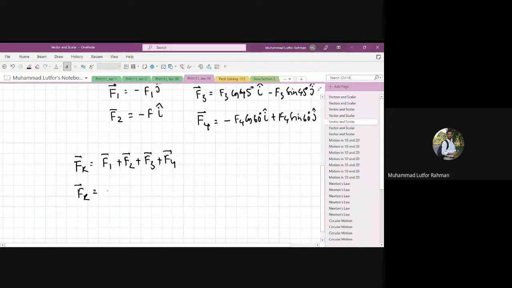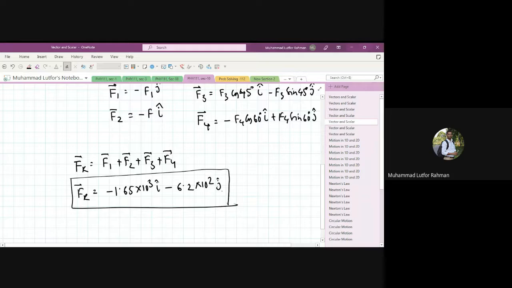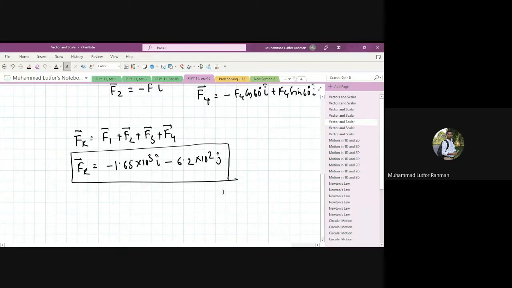If you do that, you will find this answer will be 1.65 into 10 to the 3 i hat minus 6.2 into 10 to the 2 z hat. So this will actually be that resultant vector. And you look at this, both components are actually negative. Your x component is negative and y component is also negative, then definitely the vector would be in the third quadrant. And you can also find out the magnitude and the direction.